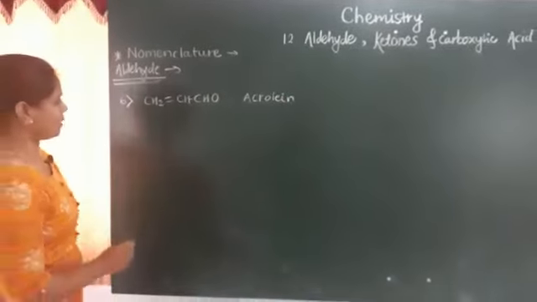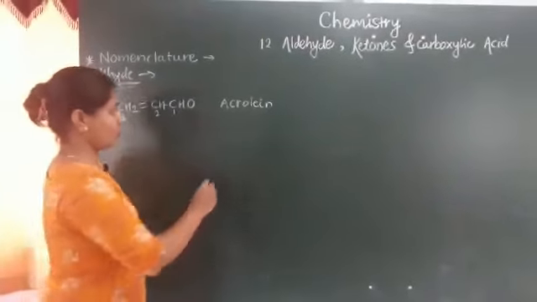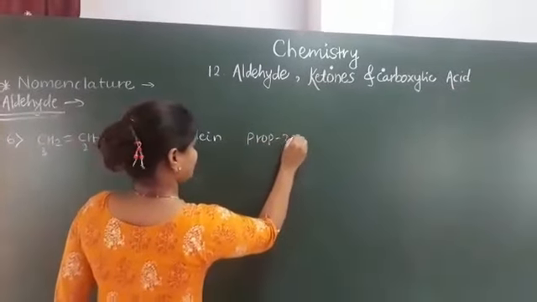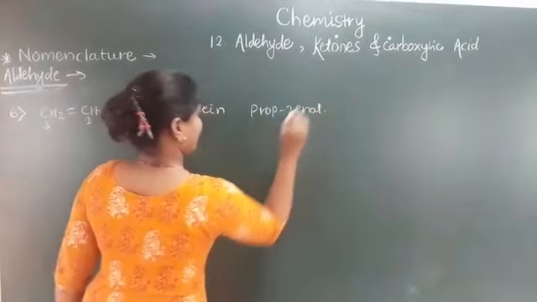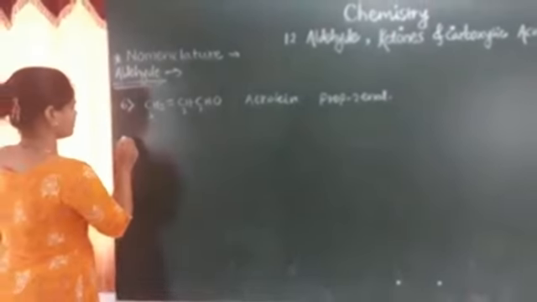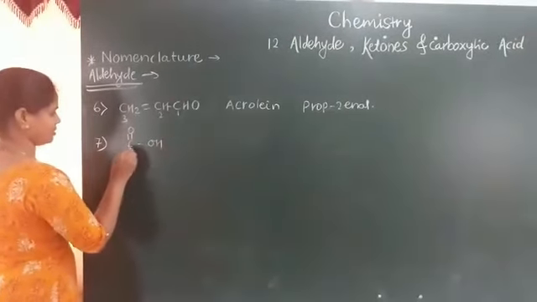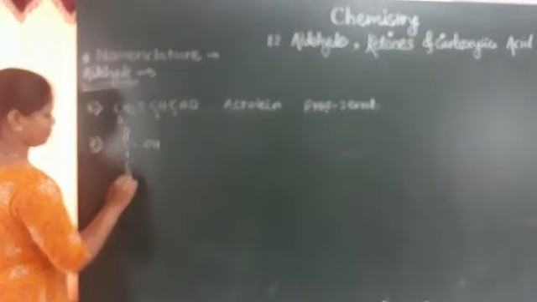Okay, and the IUPAC name is, 1, 2, 3 carbon atoms, so the name is prop-2-enal.